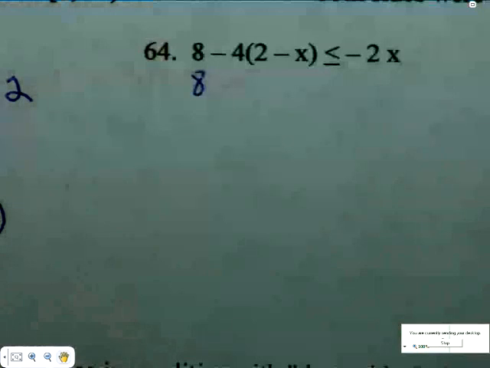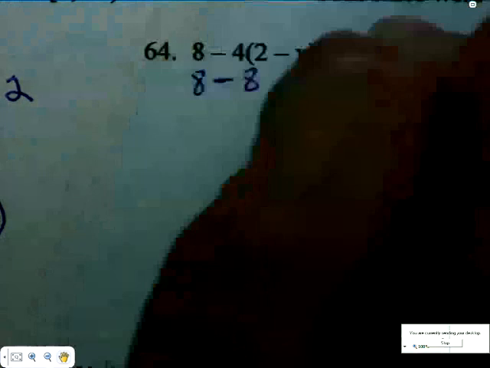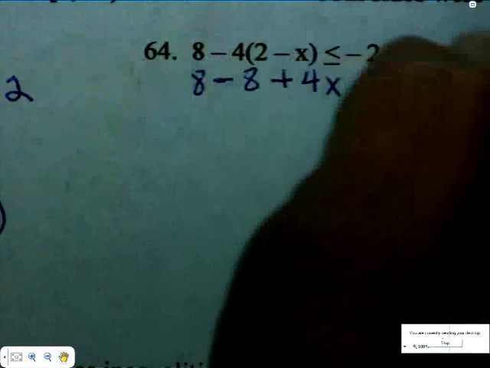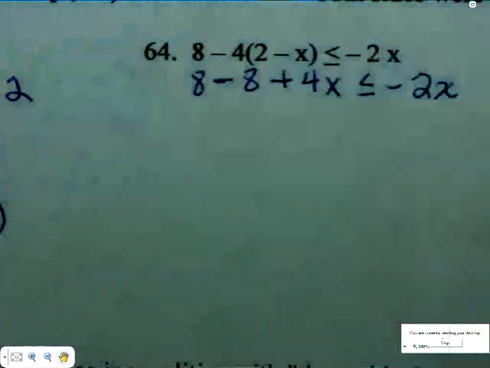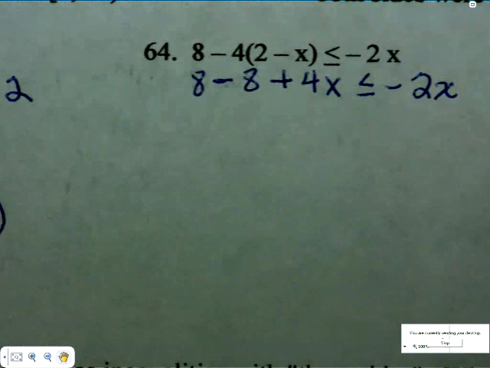Negative 4 times 2 is negative 8. And negative 4 times negative x is positive 4x. This problem also confuses folks because all of a sudden you don't have any constants.